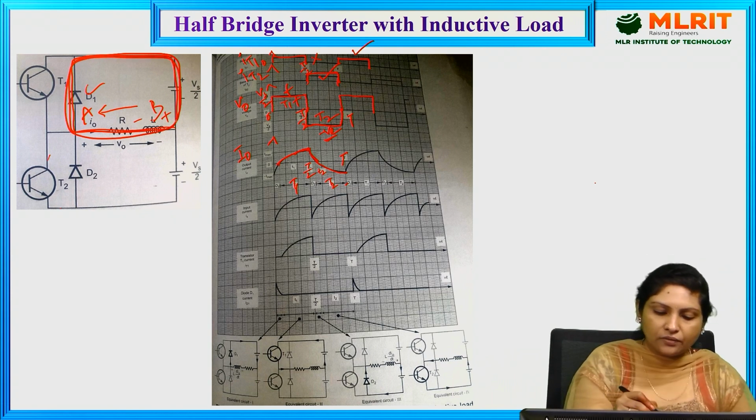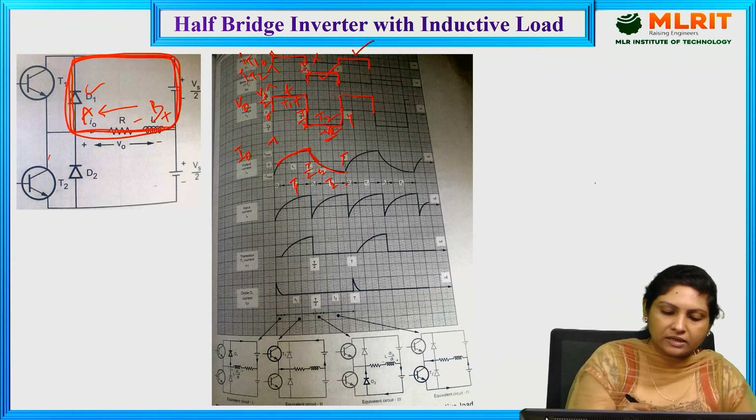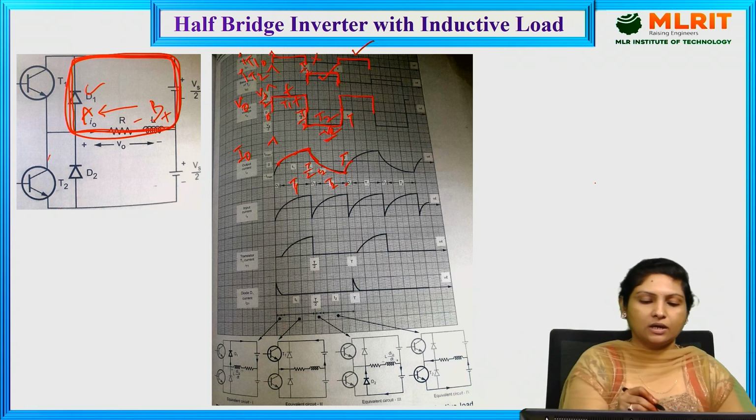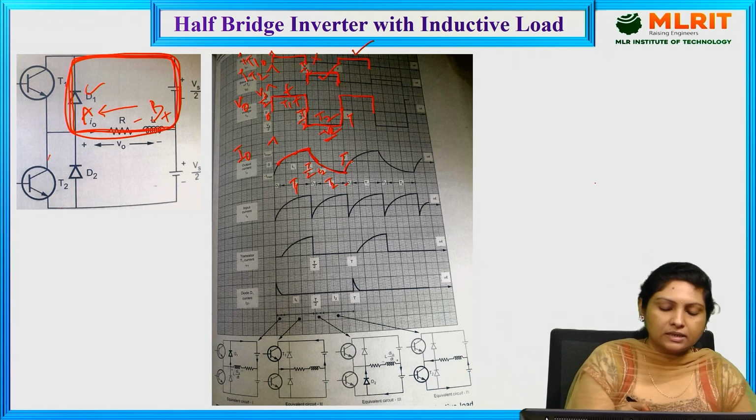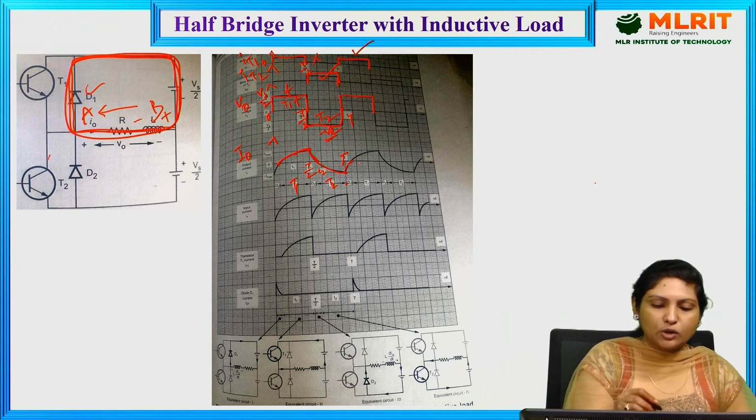That is how the current is getting reduced through the inductor, and ultimately it becomes 0 at this instant. And now again the current is building at a slow rate because we have provided the triggering pulse at T itself to transistor 1.